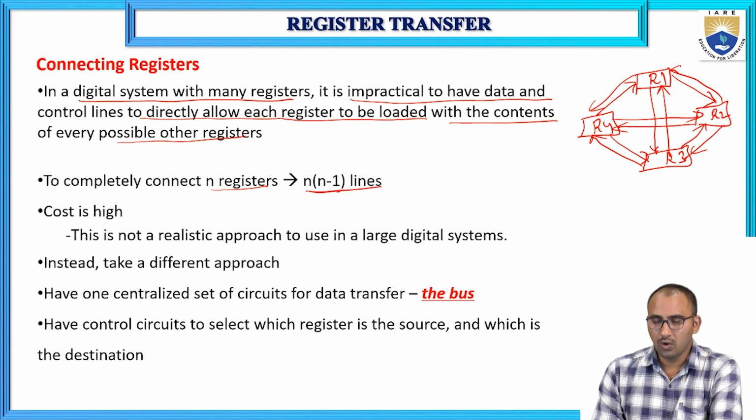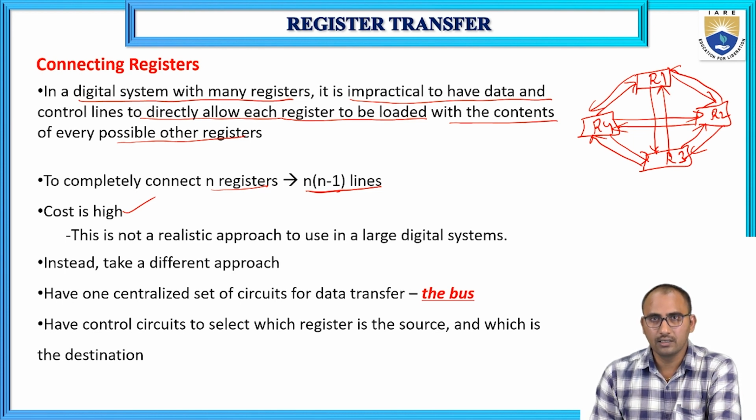So what will happen? Due to that, the cost is high. The cost is high because as the number of registers increases, the number of wires required also increases. As the number of wires increases, the cost also increases because they are directly proportional.